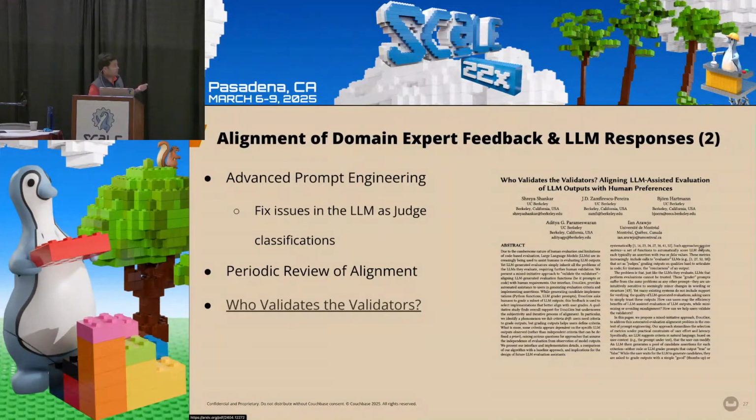One of the things they mention is to have some examples from the human domain expert provided as few-shot examples in the prompt given to the LLM as judge to evaluate the overall performance of the RAG.